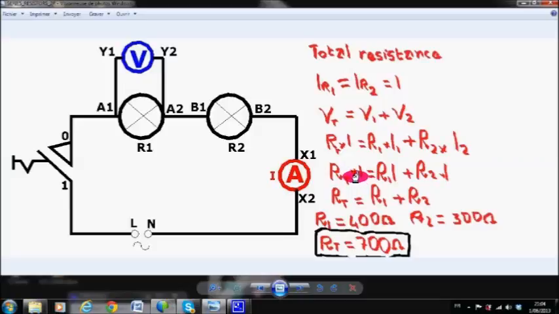So RT times I equal R1 times I plus R2 times I. We can cancel I, and then you have RT equal R1 plus R2. And if the resistors are in series, to get the effective or total resistor, you just need to add all the resistors in series. If R1 equal 400 ohm and R2 equal 300 ohm, you get RT equal 700 ohm. This is very, very simple.